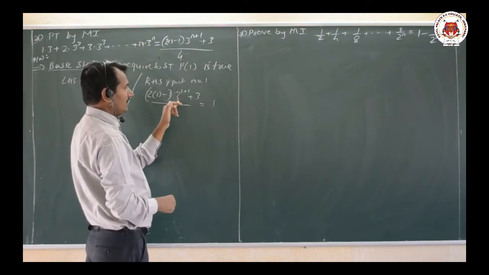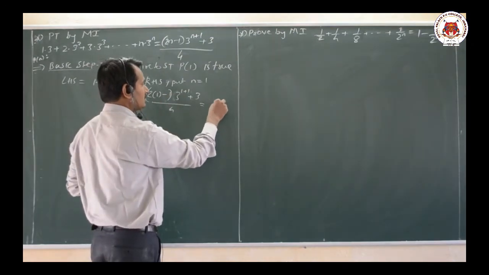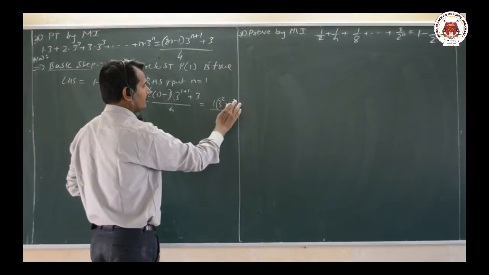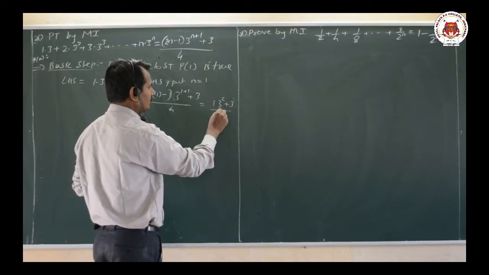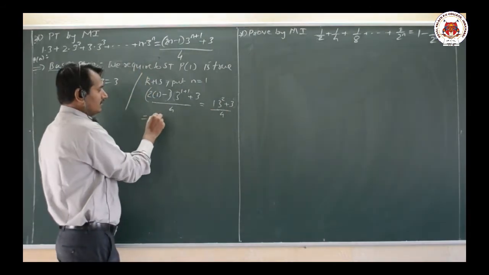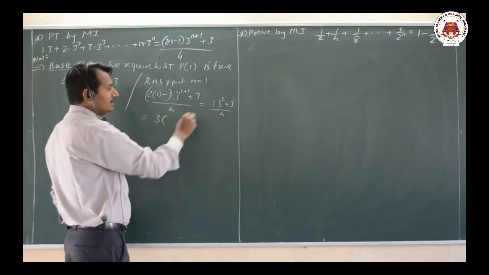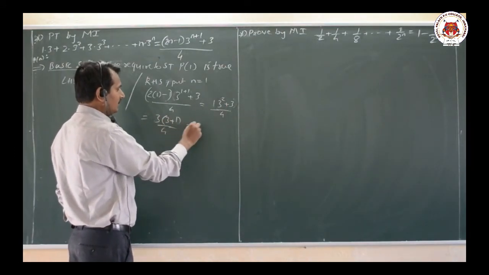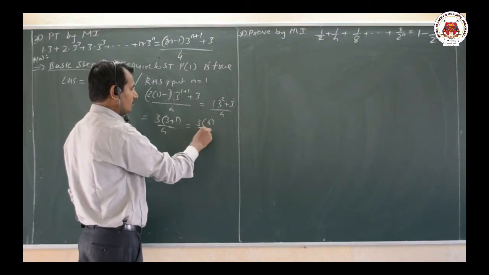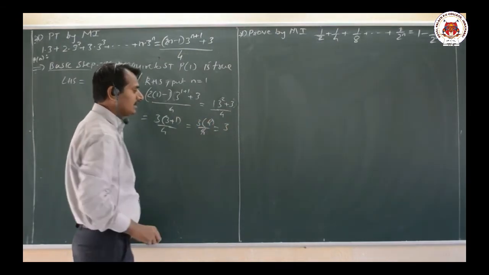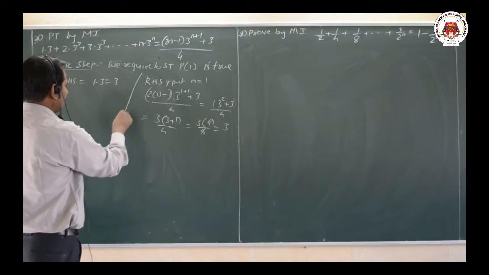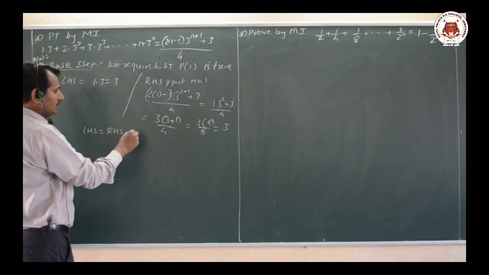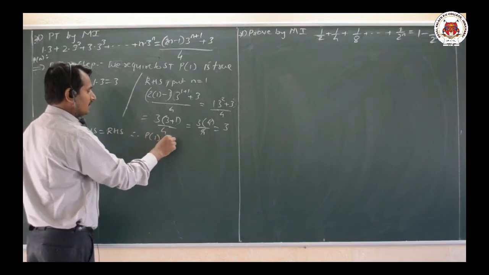Here we have 3 square, which is 9 plus 3, whole divided by 4. If I take 3 common outside, we have 3 into 3 plus 1 divided by 4. The 4 by 4 gets eliminated, and the value will be 3. That means LHS equals RHS. Therefore, P of 1 is true.